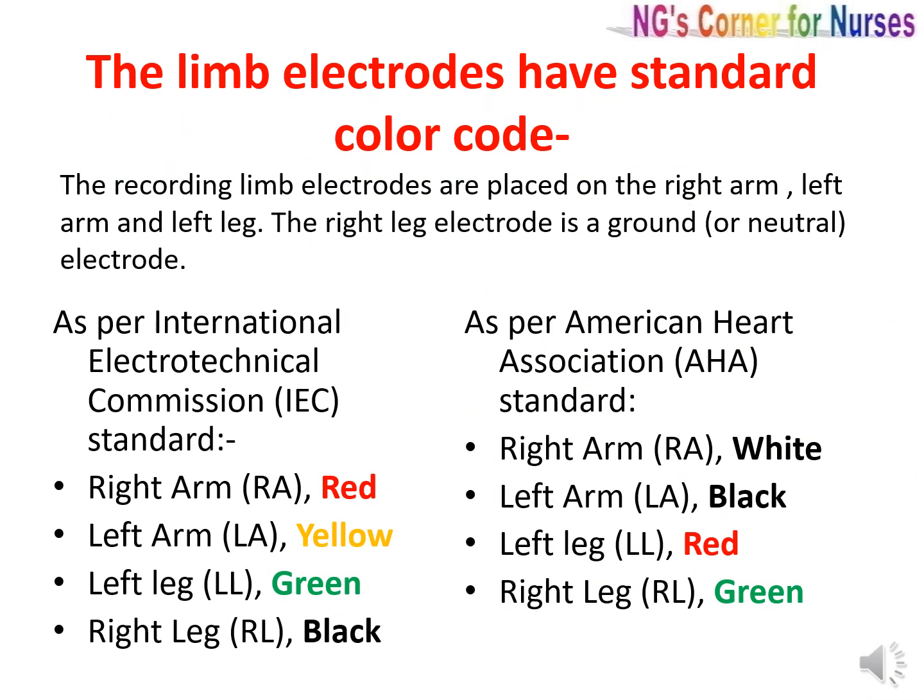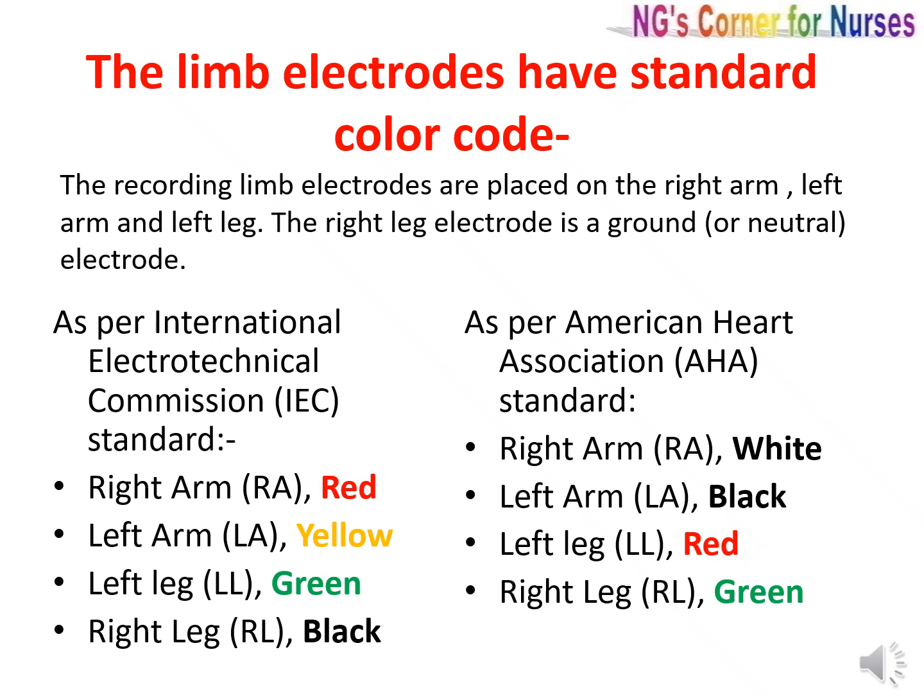The limb electrodes have a standard color code. The recording limb electrodes are placed on the right arm, left arm and left leg. And the right leg electrode is a grounded or neutral electrode.